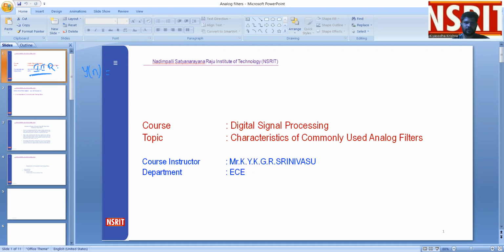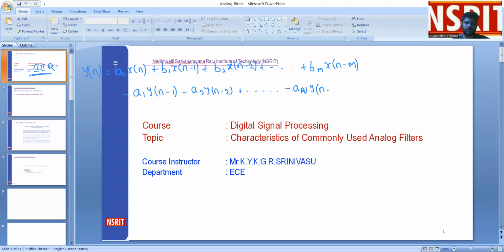Observe: y of n is equal to b naught times x of n, the present input, plus b1 x of n minus 1, the past input, plus b2 x of n minus 2, which is also past, and so on up to bn x of n minus n, along with the past output terms, minus a1 y of n minus 1, minus a2 y of n minus 2, and so on up to minus an y of n minus n.